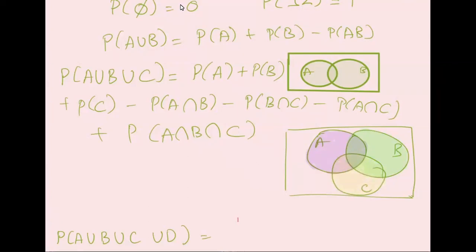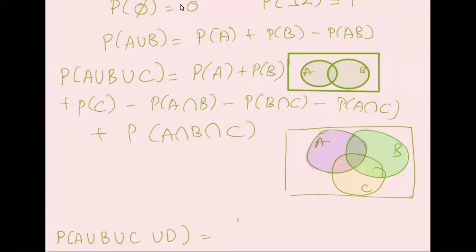When I add like that, do you see that this area got repeated? Why is that? Because when you take A, you already got this part. But then when you add B, you got this part again. So you have to subtract this part. Similarly, you want to subtract this part and then subtract this part. But then you realize that, oh, I subtracted this part too many times. So I have to add it back in the last one.